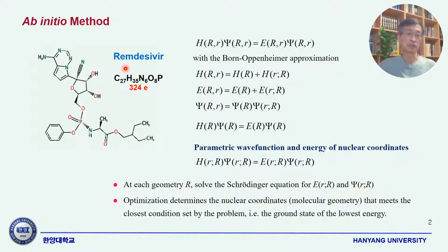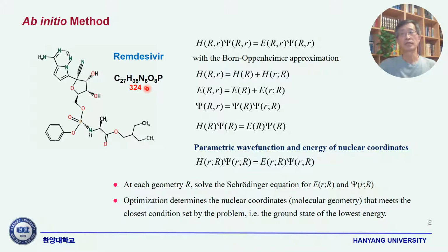medical institutions. So the remdesivir molecular formula is here: 27 carbon atoms, 35 hydrogen, 6 nitrogen, 8 oxygen, and 1 phosphorus atom, and there are 324 electrons.